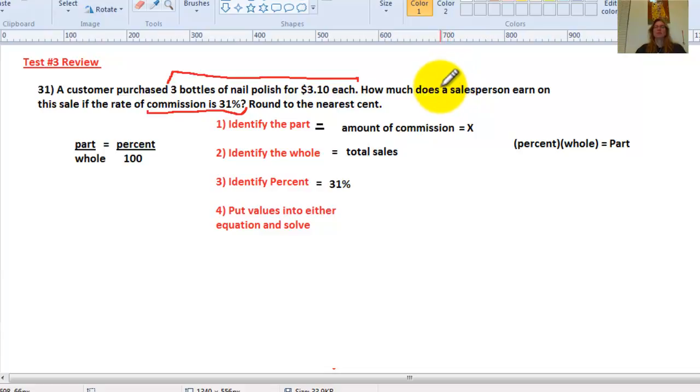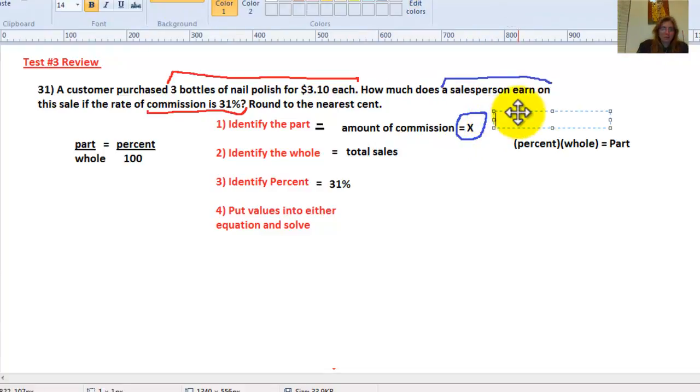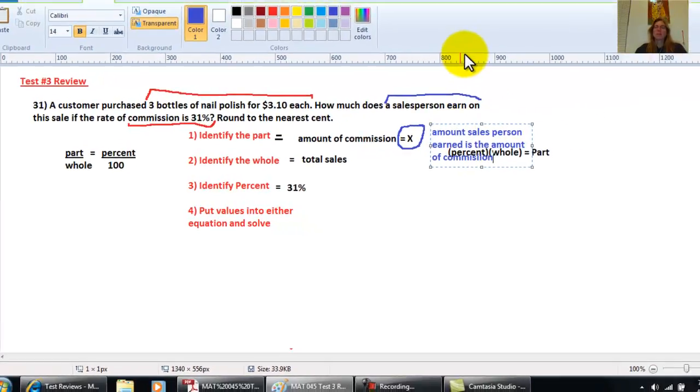So the salesperson earns a certain portion of the sale, and that's the commission amount, that x. What did the salesperson earn? Amount salesperson earned is the amount of commission. That's essentially what I'm saying.